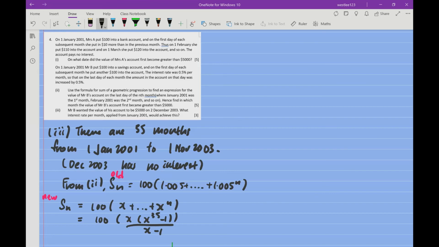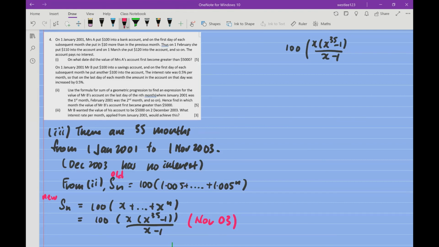This is the amount we have up till the 35th month, up till November 2003. So when I form the equation, this part is very important. This is up to November 2003.